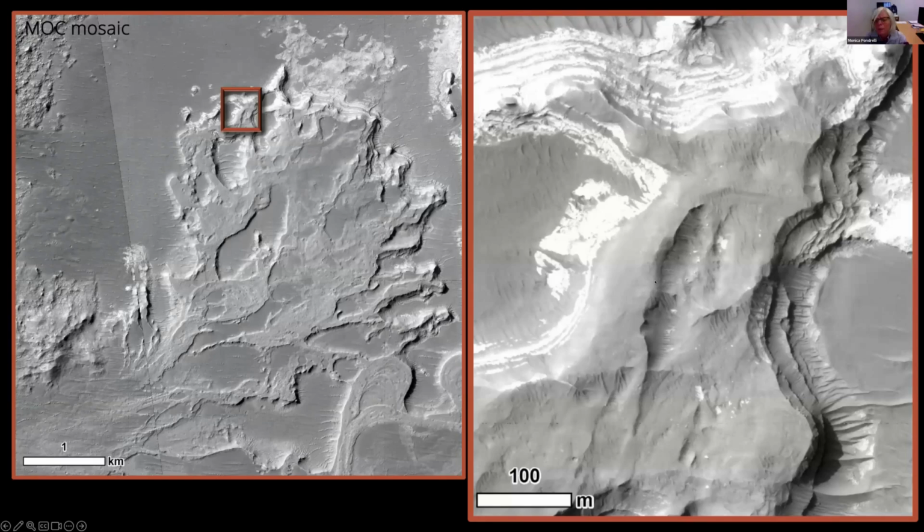If we look at the boundary between these two units, we see that these dark tone deposits cut the light tone deposit. This means that there is an unconformity between these two units, which means that they belong to two different stages of the geological history in this part of the basin.